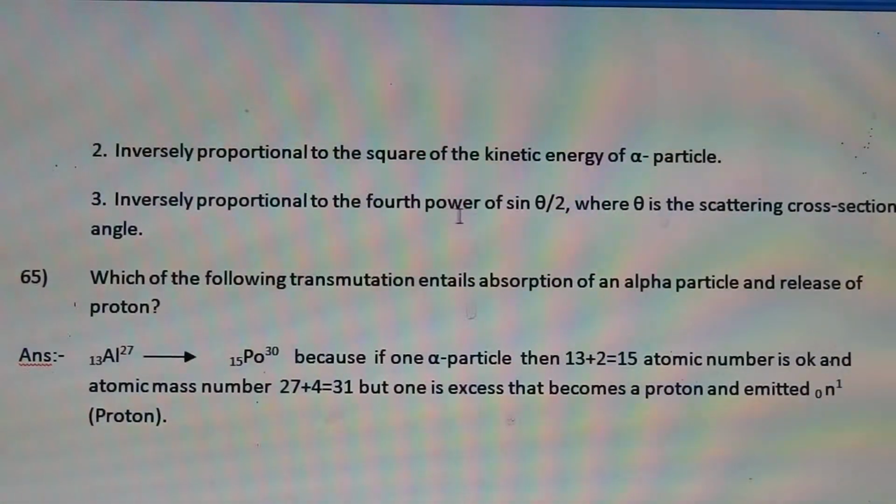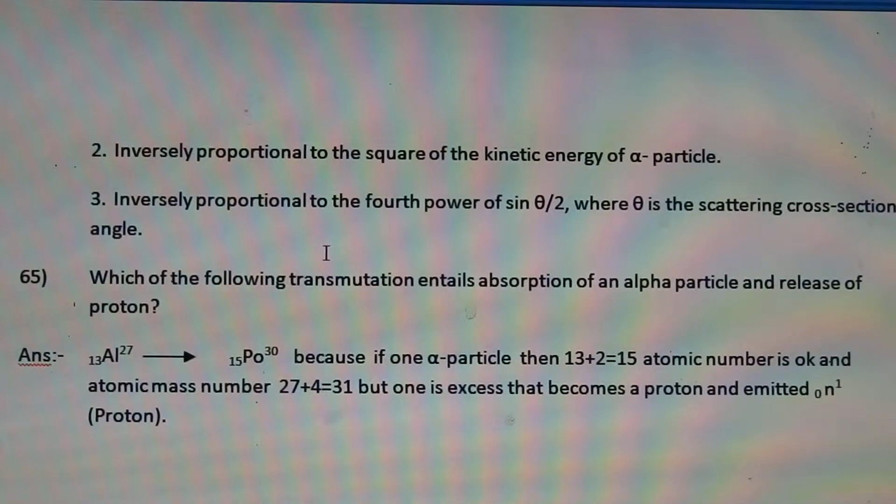Now, it is inversely proportional to the 4th power of sine theta by 2, where theta is the scattering angle. So the number of alpha particles striking a unit area at distance r from the nucleus center is inversely proportional to sine to the power 4 of theta by 2.